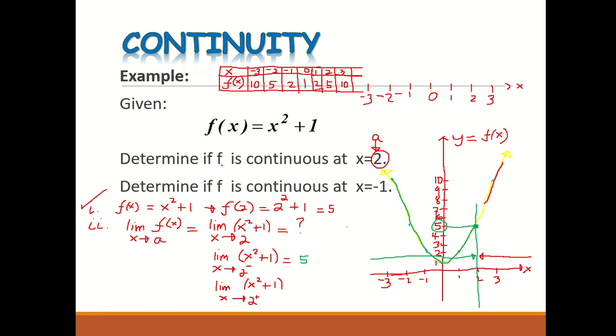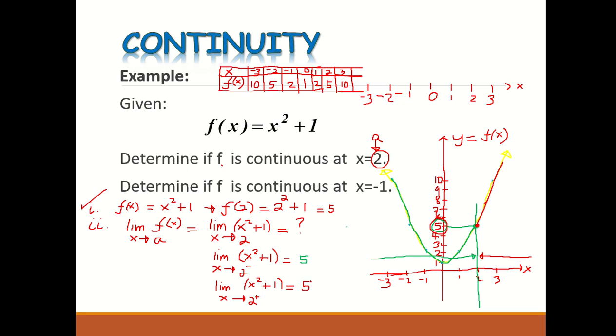Then we stop at the value of x that is very, very close to 2, approaching 2. So this is also the limit, and you see that this limit is also equal to 5. So therefore, the limit of the function as x approaches 2 from the right is also equal to 5.